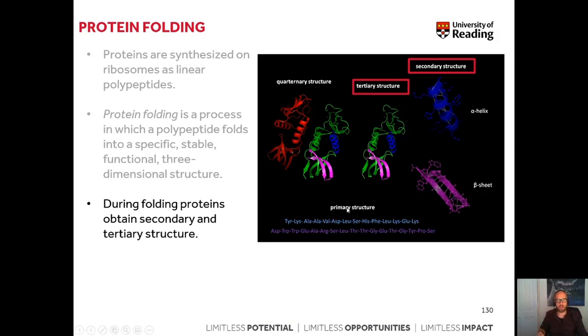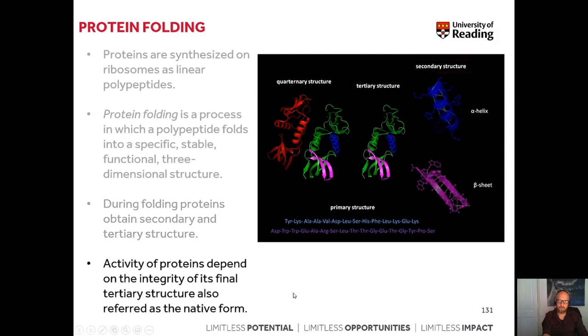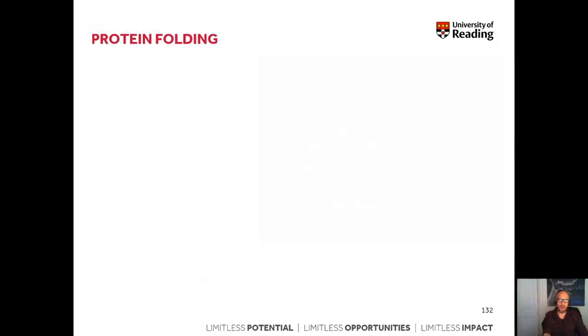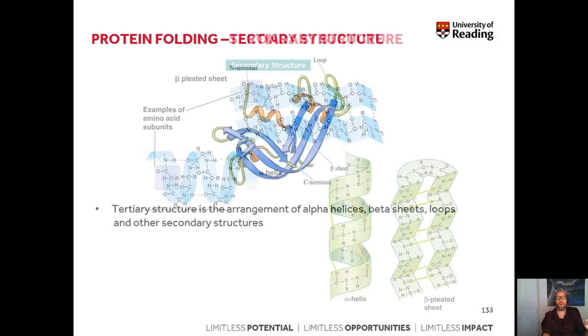We have the primary structure, which is dictated by the order of amino acids in the polypeptide. We have the secondary structure, tertiary structure, and quaternary structure. And the activity of proteins depends on the integrity of the final tertiary structure. Folding is also important.